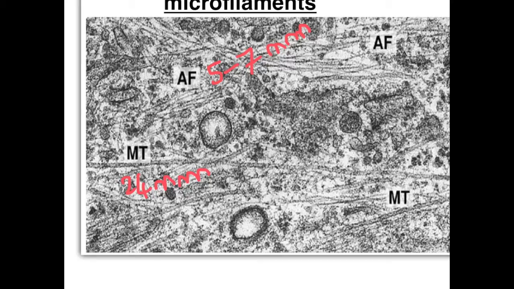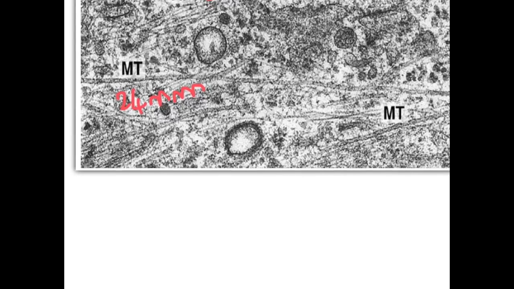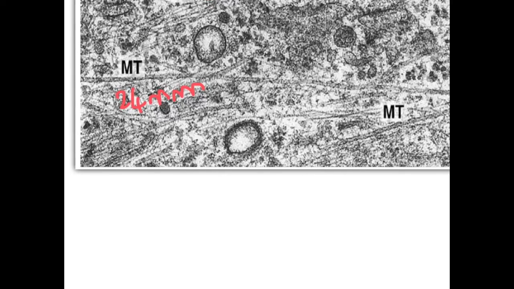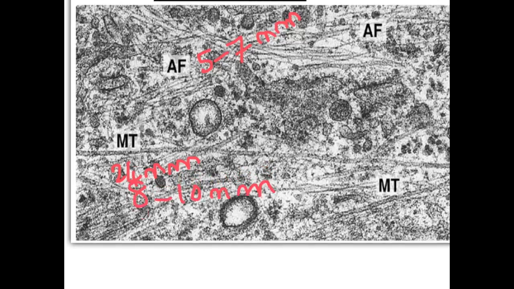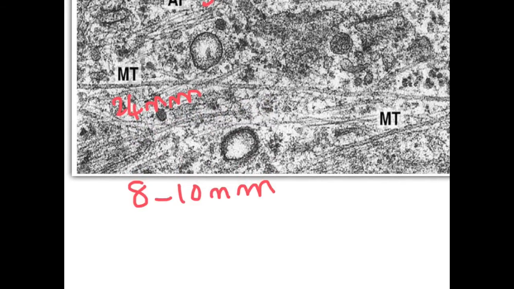We have also intermediate filaments which have a diameter equal about 8 to 10 nanometer. So you should remember these sizes: the 24 nanometer for the microtubules, the 5 to 7 nanometer for the actin, and the 8 to 10 nanometer for the intermediate filaments.